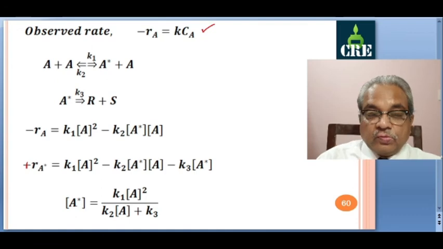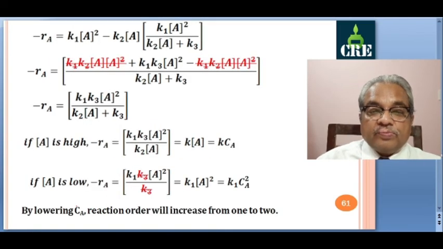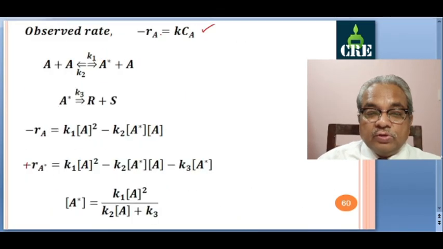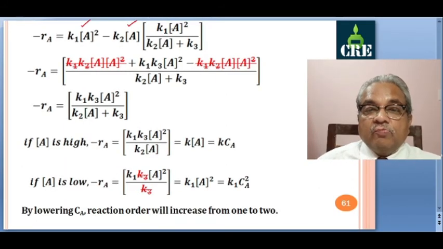You transfer this, signs will change. So concentration of A, what we want is the rate of disappearance of A. Rate of disappearance of A is K1 concentration of A square minus K2 concentration of A into concentration of A star, and for that we have substituted K1 A square by K2 A plus K3, the same value.